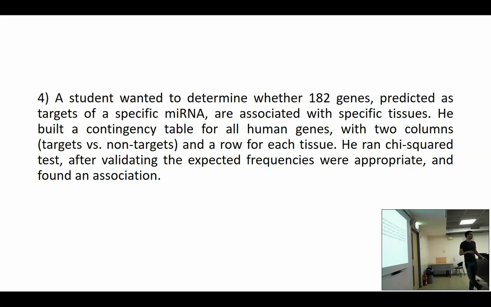Now you're right, you cannot use this to tell which are the tissues that are different, but it does have a p-value saying that there is a significant association. Why did you do it for the entire genome? If he's interested in 180. Yeah, but you wanted to test whether those 182 are associated with tissues.